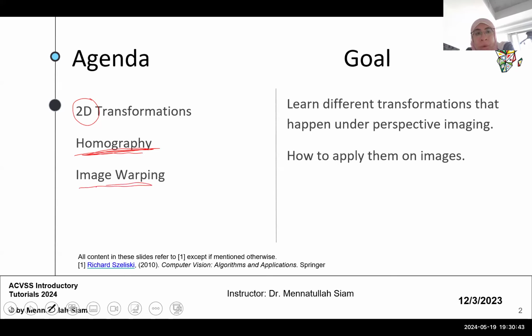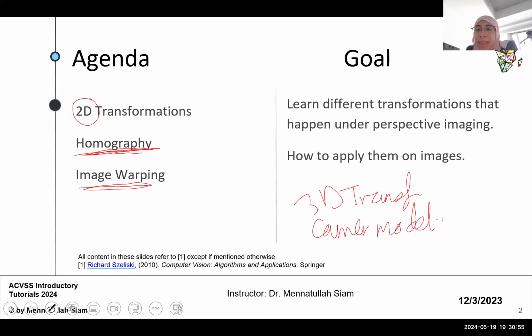This is something called image warping. The next tutorial, we'll start looking into 3D transformations and camera models. So you will understand exactly how to construct a projection matrix that projects 3D world points into 2D. Anything related to 3D vision, anything related to geometry and vision generally, you will have to understand these concepts here.